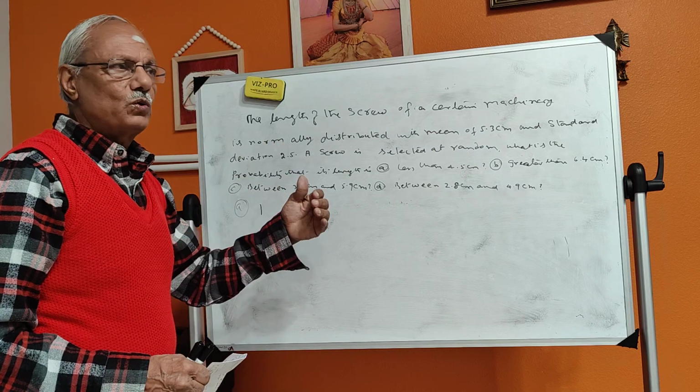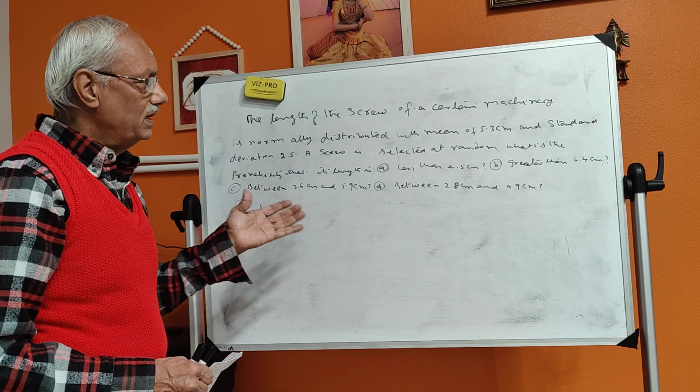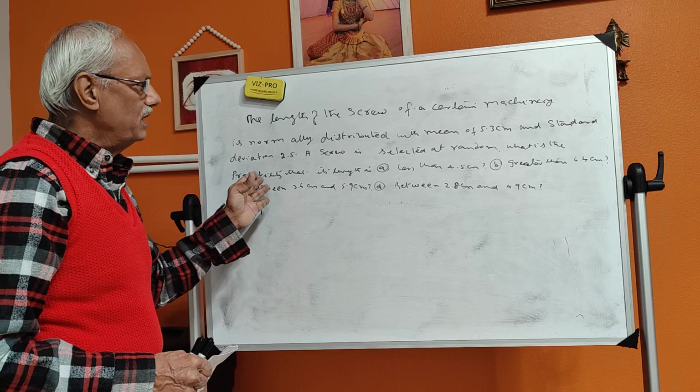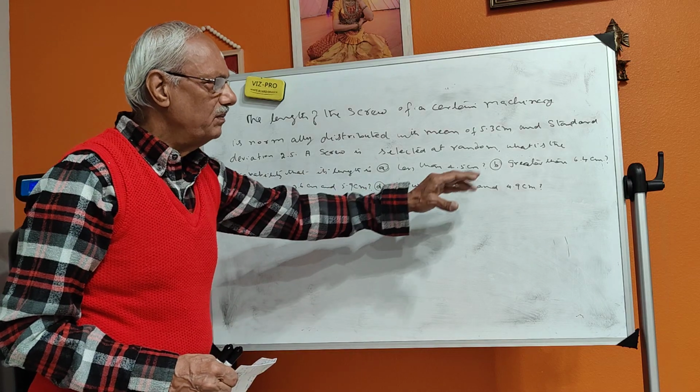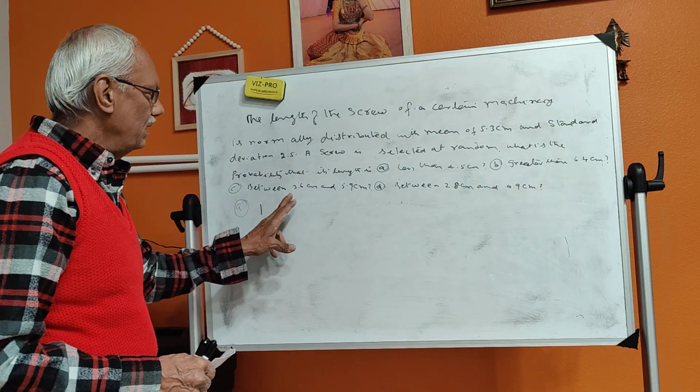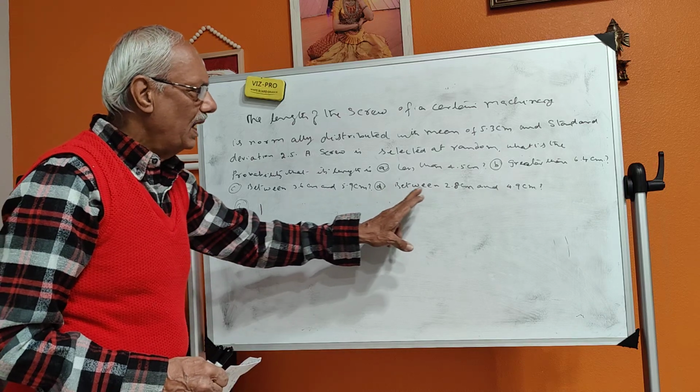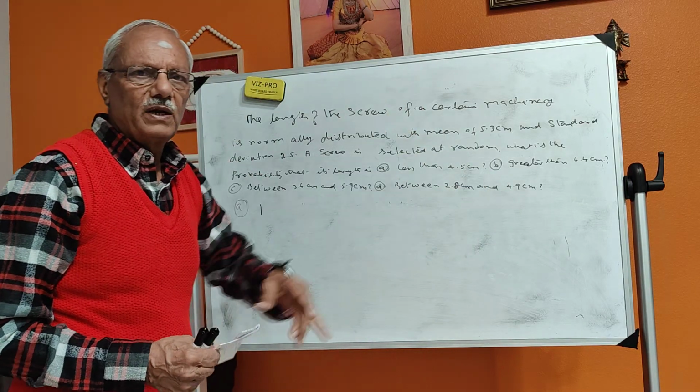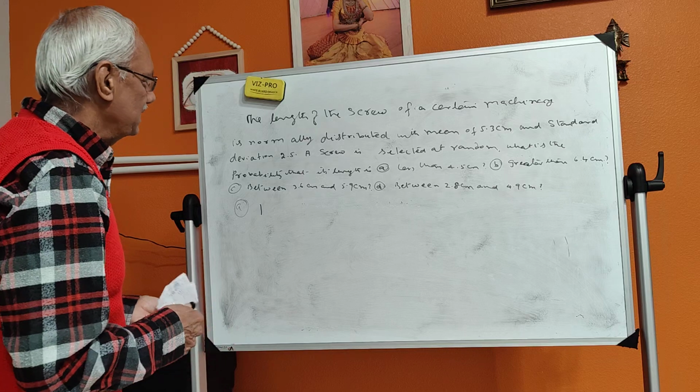So a screw is chosen and we are going to find out what is the probability of the screw being less than 4.5 centimeters, greater than 6.4 centimeters, lying between 3.6 and 5.9, and between 2.8 and 4.9. So what is the first question that is asked?